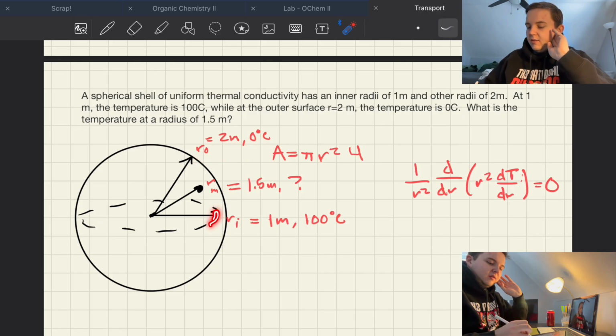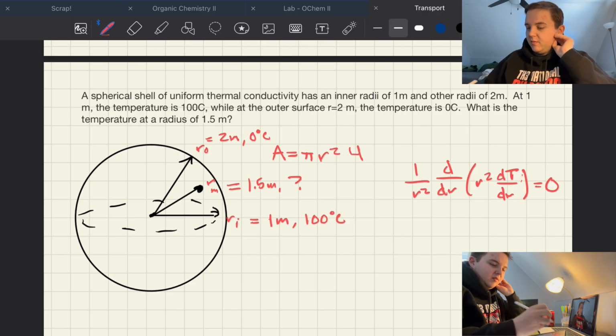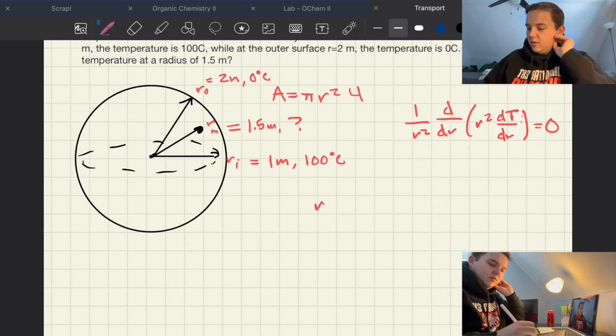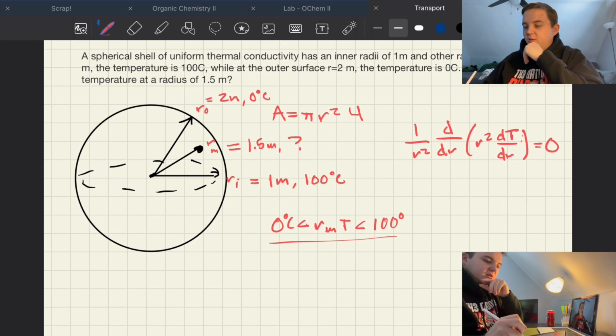And at the inner shell, we have 1 meter at 100 degrees Celsius. And we're trying to find the temperature here. It's going to be somewhere in between, so the temperature at 1.5 is going to be greater than 0 degrees Celsius, but less than 100. So we know that, and we can use that to check our work.